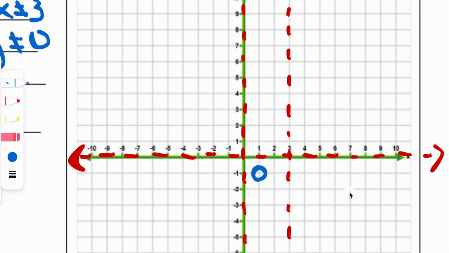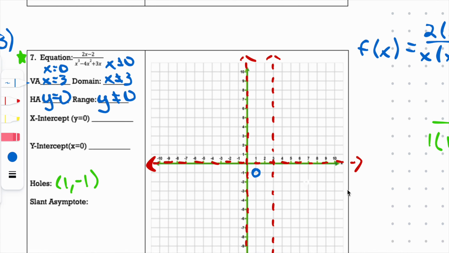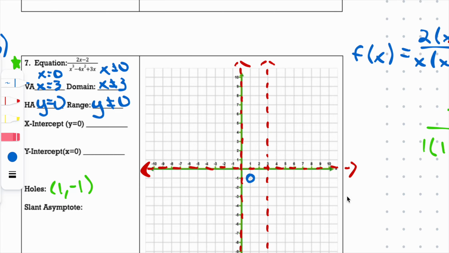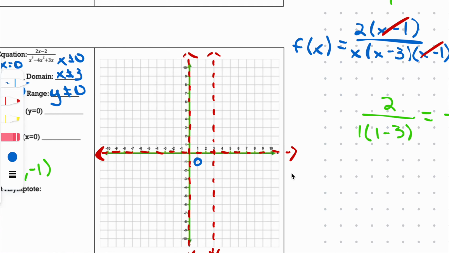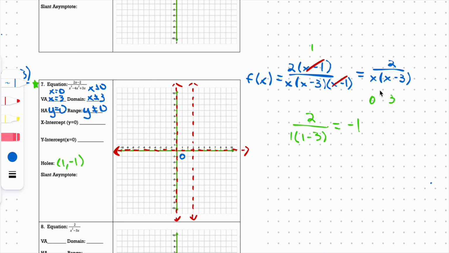And that's valuable information. Okay, so we're at the point where we just want to start plugging in values. I'm going to start with the negatives, so I'm going to plug in negative 1. And I think it's easiest to plug it into this function here. So 2 over negative 1 times negative 1 minus 3.